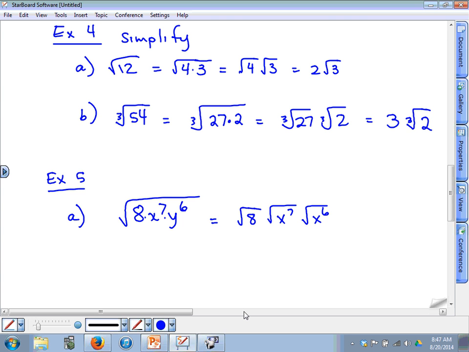Square root of 8 changes into 2 root 2. Oh, hold on now, that should be a y. There we go, y to the 6.